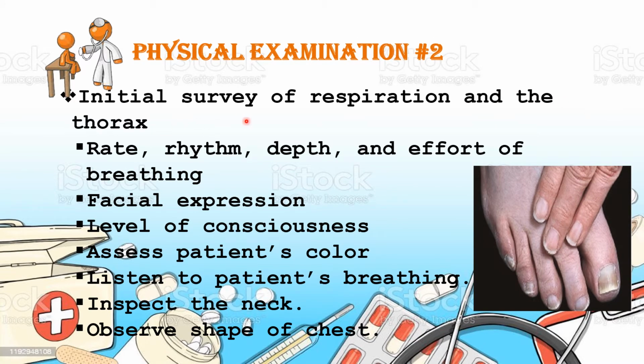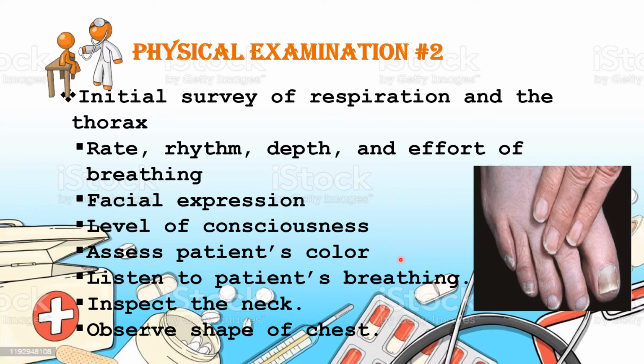For the initial survey of respiration and the thorax, you have to note the following. For respiration: the rate, the rhythm, the depth, and the effort of breathing. Is there difficulty? Labored breathing? Here, the breathing is easy. The rhythm and rate are within the normal range. Note the facial expression, the level of consciousness, and assess the patient's color.